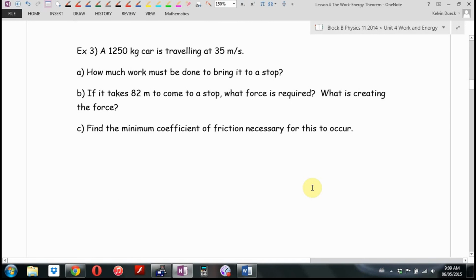Example 3. A car is traveling at 35 meters per second. That's about freeway speed, give or take. Oscar, what does A want me to find? Oh, work. Okay. So, of course, I would say to myself, work equals force times, do you see a force or a distance anywhere in this question?